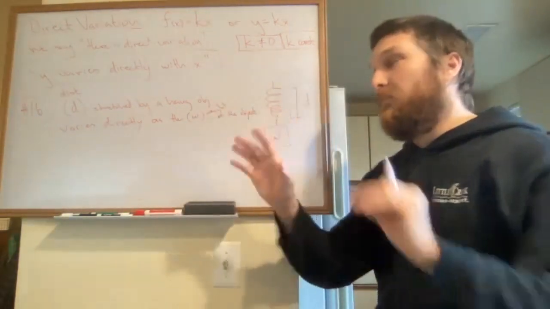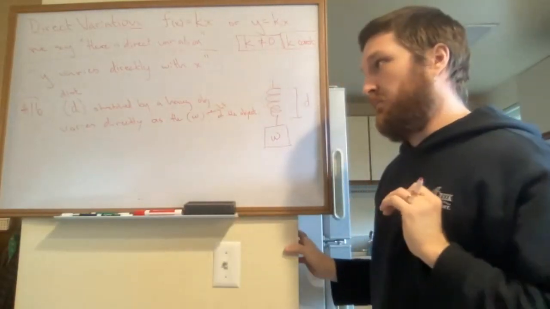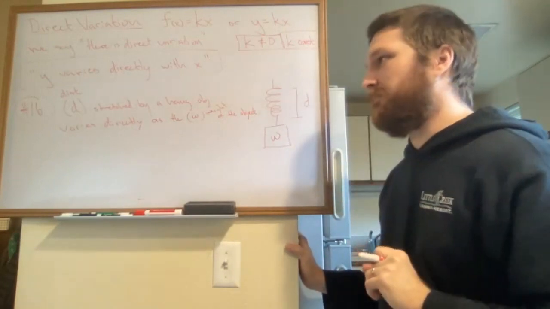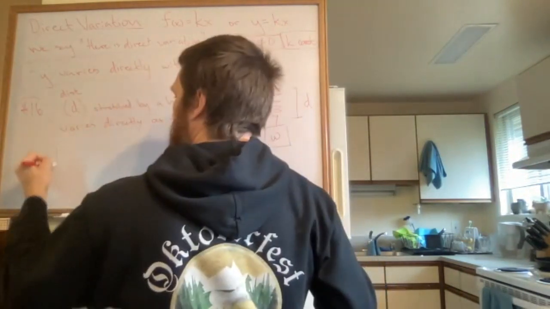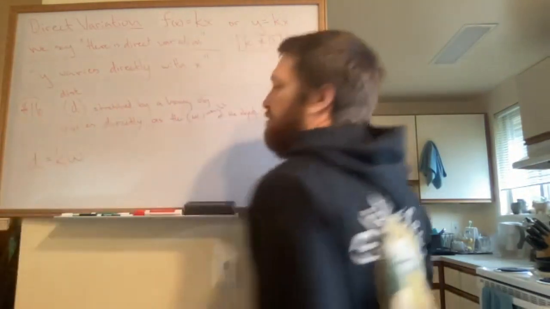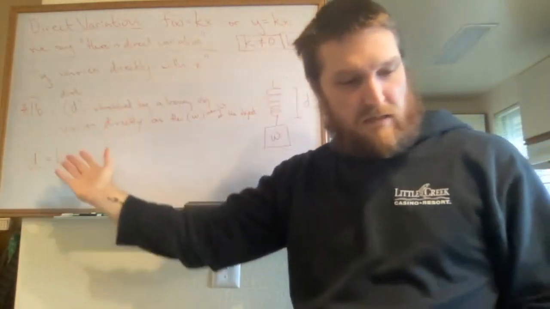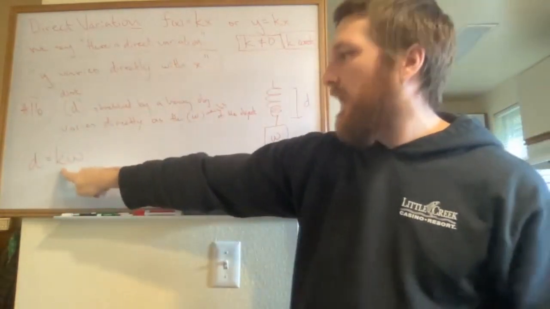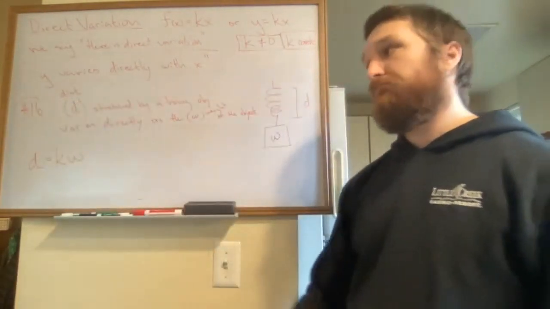Translate this for me. What does that mean in math speak? D equals k times w. That's all that means. All of that just means that there's some constant k, and d equals k times w.